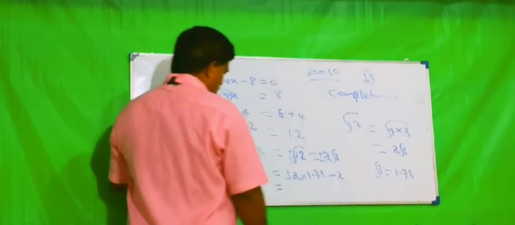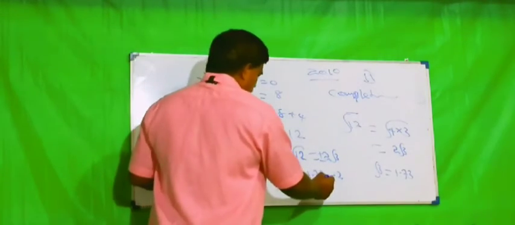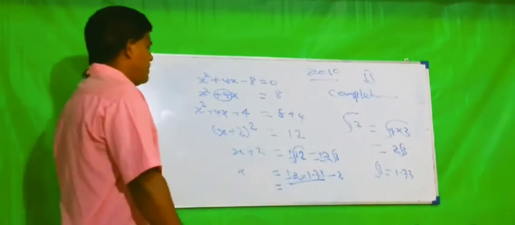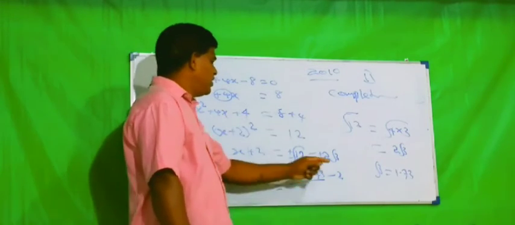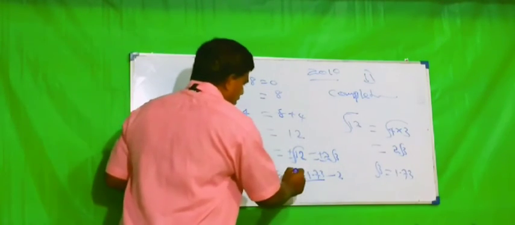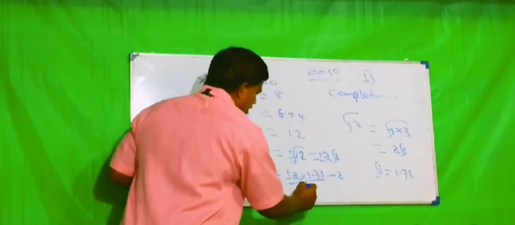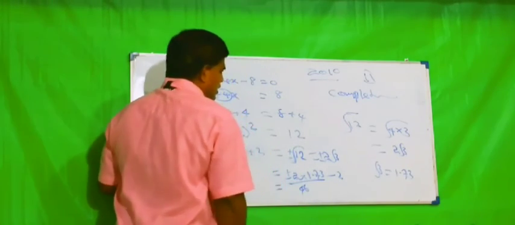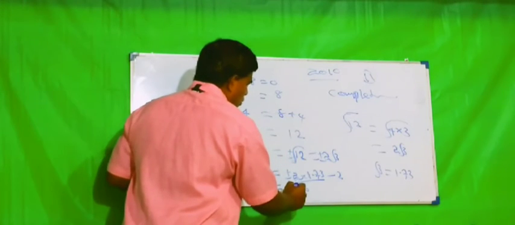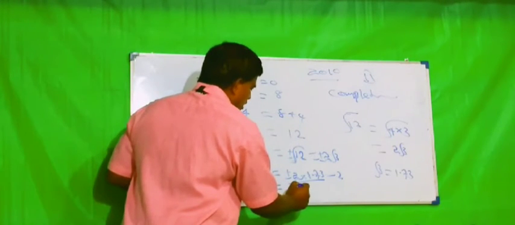Now we should simplify this expression, 2 into 1.73. 2 into 3 is 6, 2 into 7 is 14, 2 into 1 is 2 plus 1 is 3.